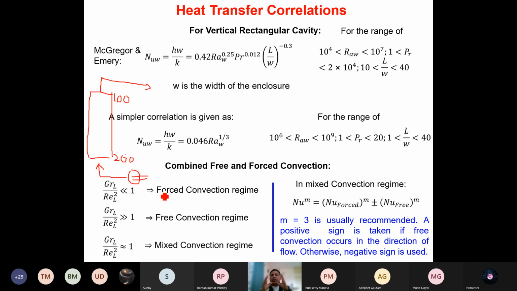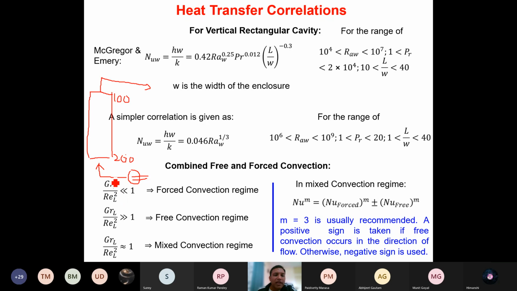Remember, forced convection is governed by what? Forced convection is governed by the Reynolds number, if you remember. Free convection is governed by what? The Grashof number. So that's why we are taking the ratio of the Grashof number divided by the Reynolds number raised to the power 2. If this ratio is very, very low, what does it mean?